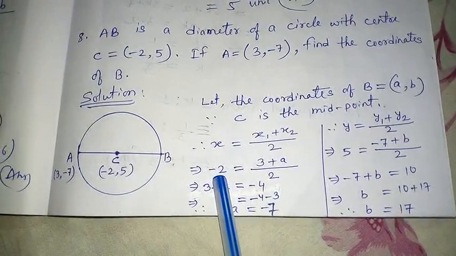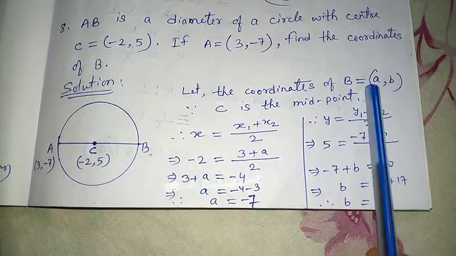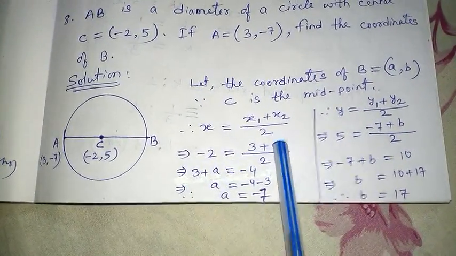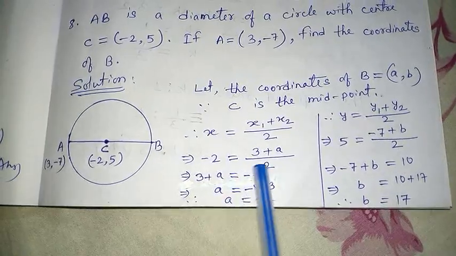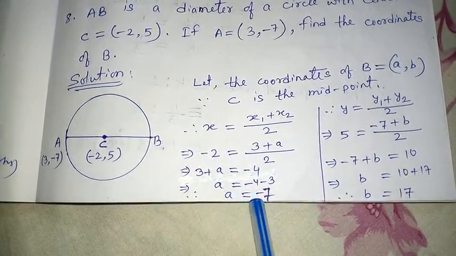So I wrote minus 2. x1 means first value 3, and first value of B is A. That means 3 plus A by 2. So 3 plus A will multiply with 1, 3 plus A only, and 2 twos are minus 4. A equal to minus 4 minus 3, A equal to minus 7.